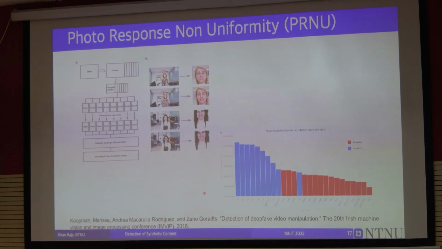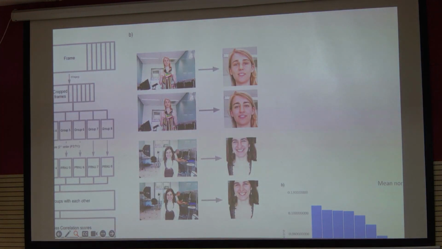Those of you who have used digital cameras know that whenever you take a picture, there is a particular signature inside it. People working on watermarking would have noticed this. But if you have not worked on watermarking, no crisis. Every time you take a picture from a real camera, a fingerprint appears inside the camera sensor.